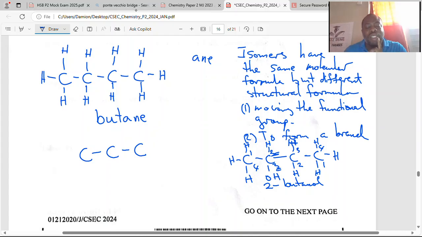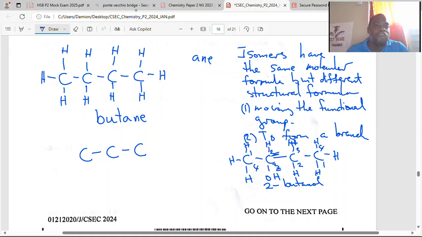Now, if this is the case, what is the backbone name of this? Since it's going to have 3 carbons, propane. Wonderful.